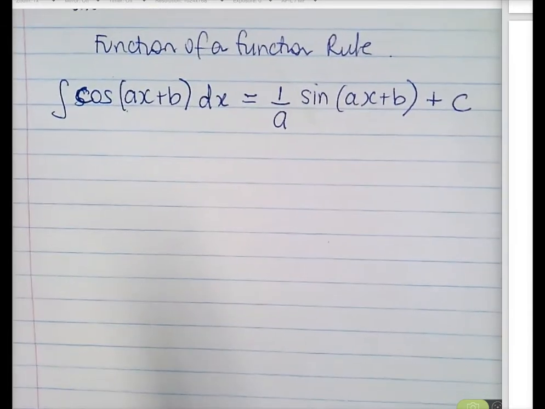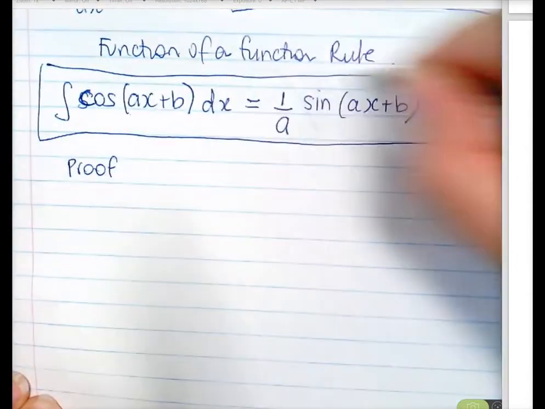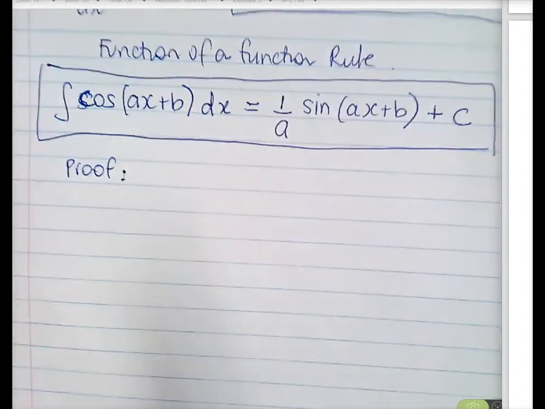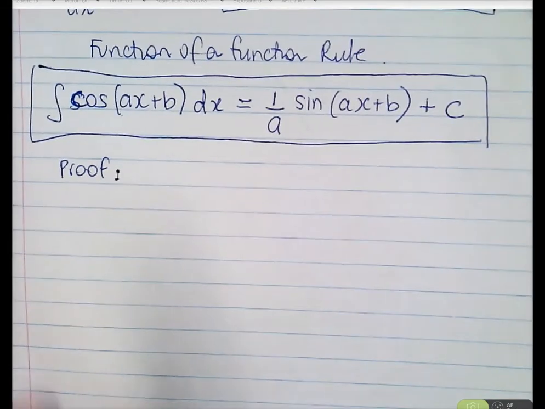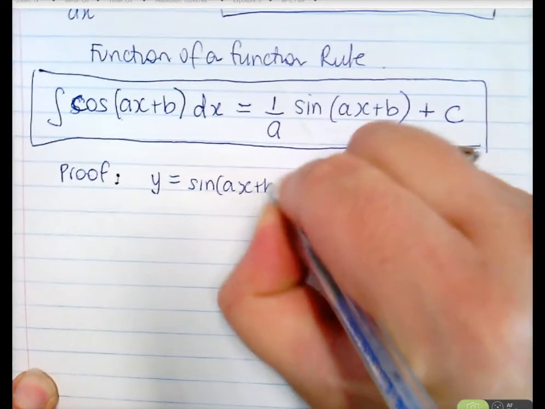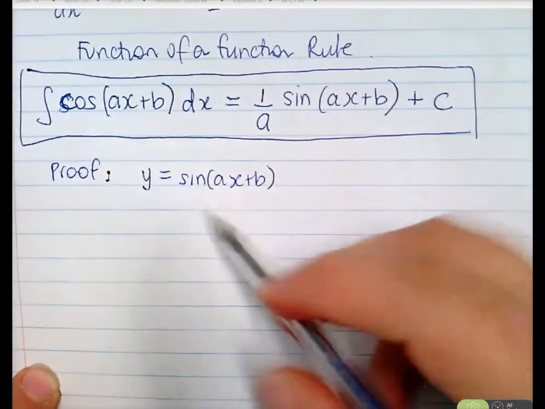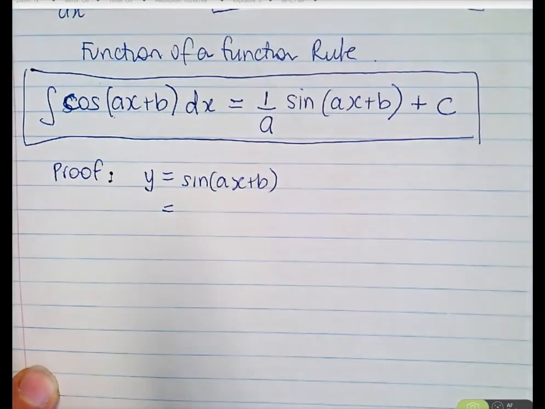So you need to box that one up. Proof. If y equals sine of ax plus b, this is the type we did last week. So if y equals, say, sine 2x plus b, how do we differentiate that?